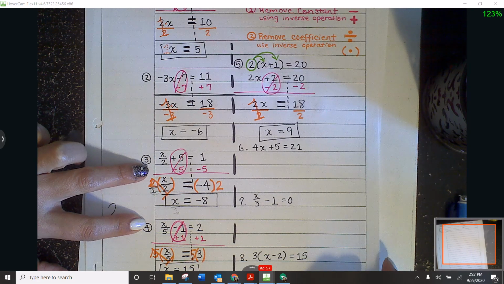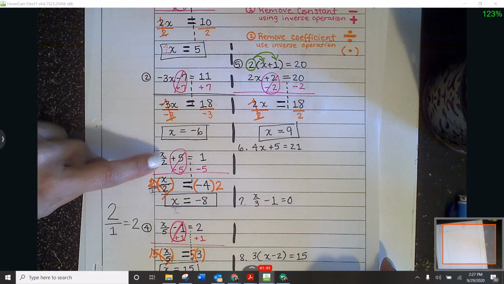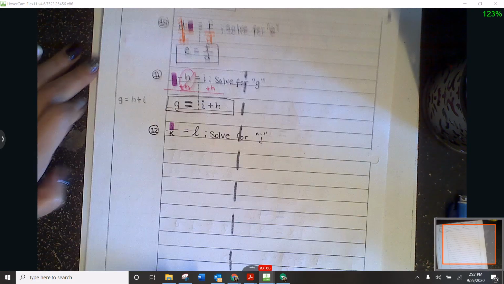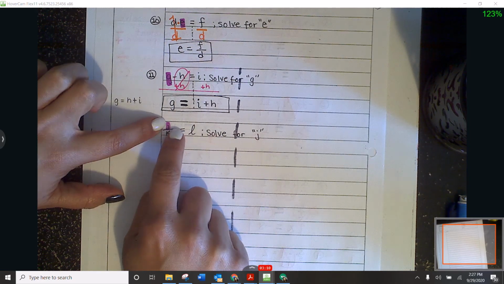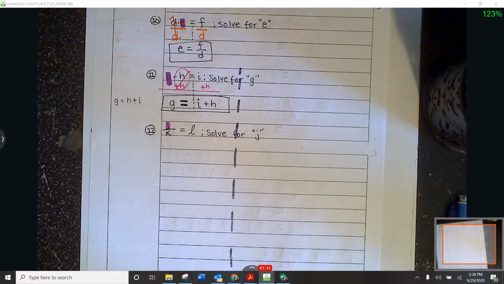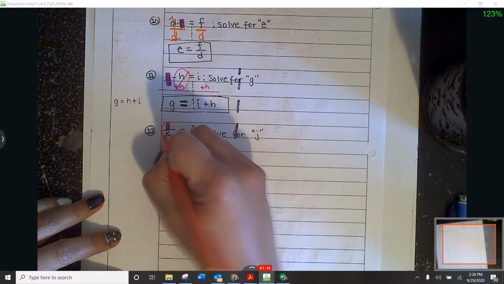So here we said whenever we had our variable divided by a number, just like what we have here, this is just a one-stepper. So since J is being divided by something, I want to get that something away from it, the inverse operation to division is multiplication.